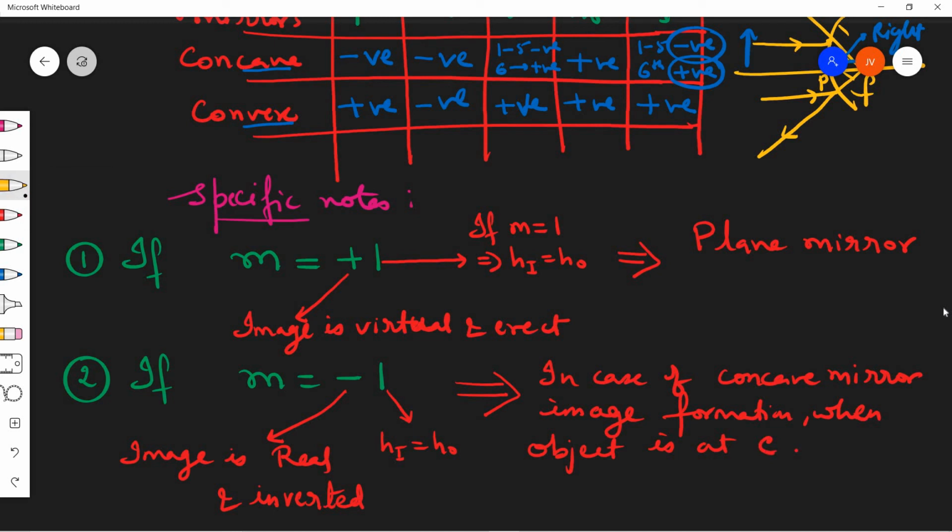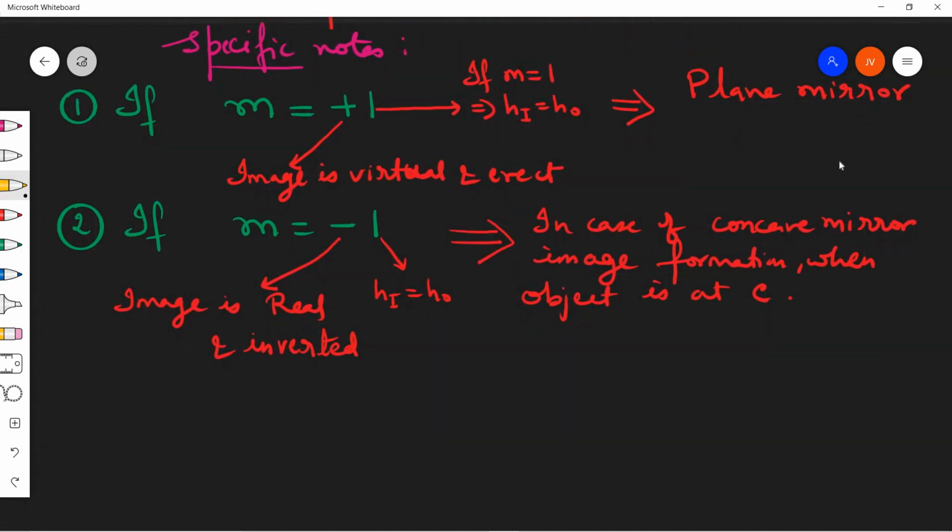Let me quickly draw the ray diagram for this so that you can connect to what I'm talking. In case of a concave mirror, when object is placed at the center of curvature, image also forms at center of curvature.